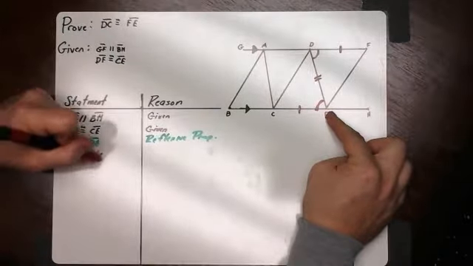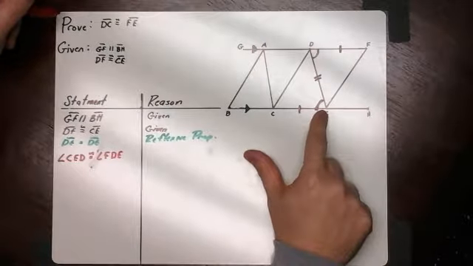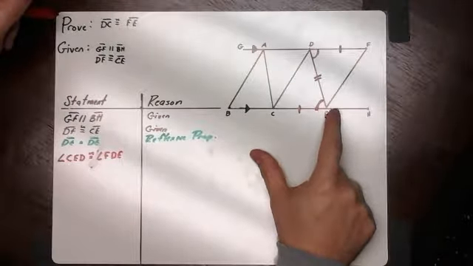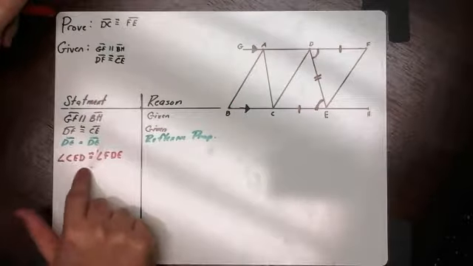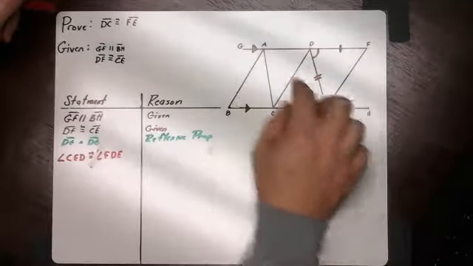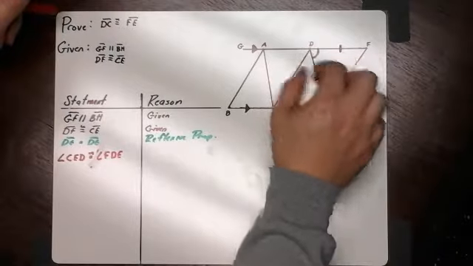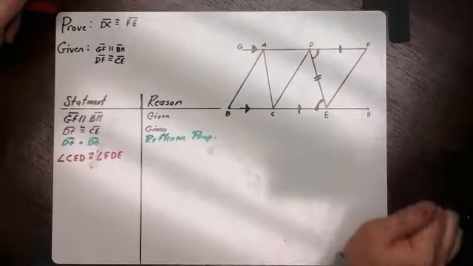When labeling these angles, make sure that the vertex, which is what I'm pointing at, that letter is in the center of your three letters. Then you kind of go out from there. So I'm saying this angle and that angle are congruent.